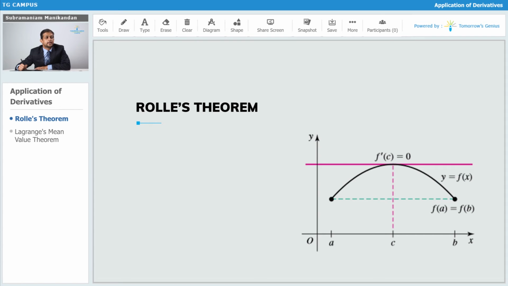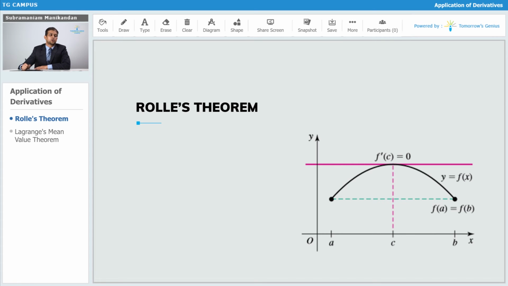The function between a and b, as you can see, is continuous, and since it is a smooth curve with no breaks, it is differentiable throughout the function. Then at this point c, what happens to the function? It becomes horizontal at the point x is equal to c. So if you draw this pink color tangent at the point x is equal to c, the tangent is perfectly horizontal. That is, the derivative of the function f at the point c is equal to 0.